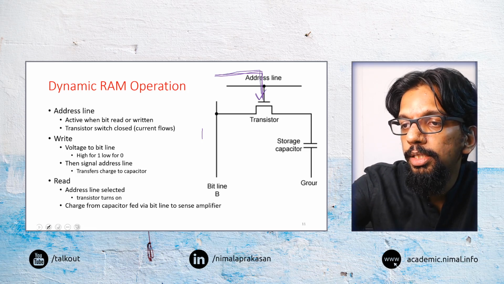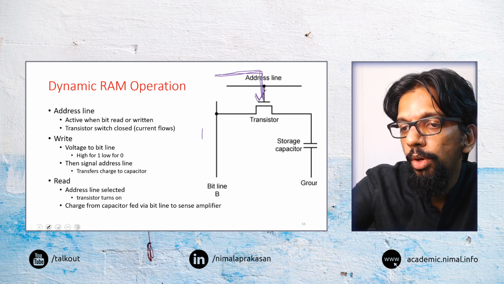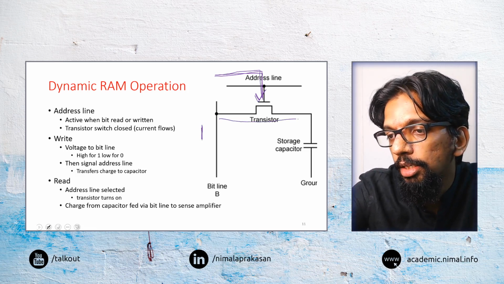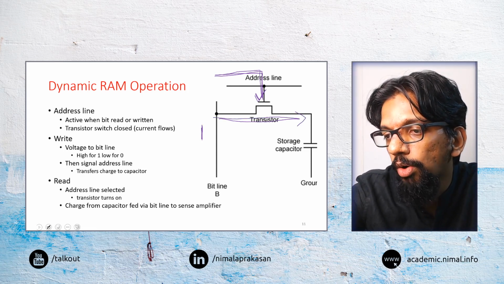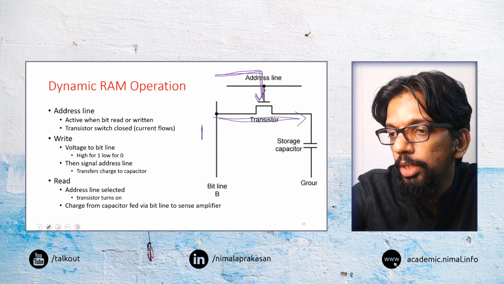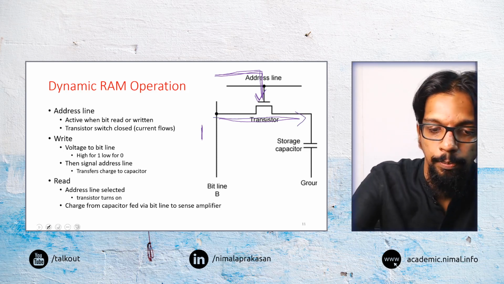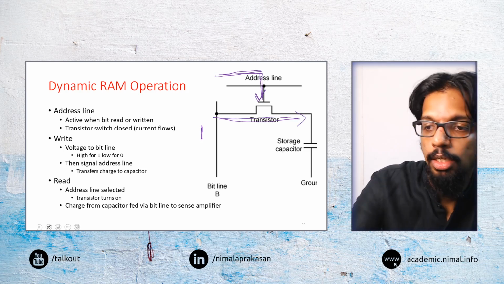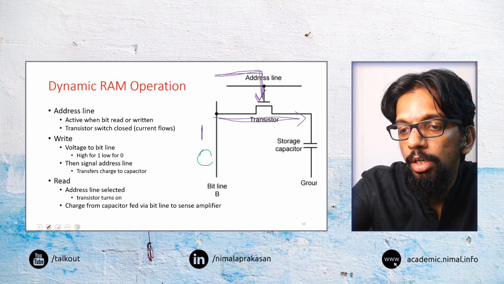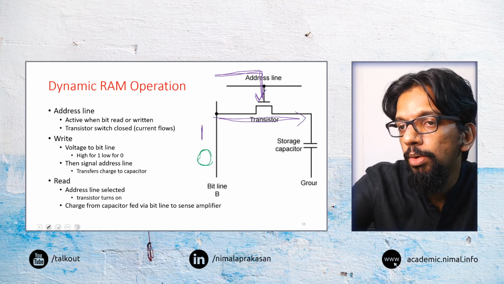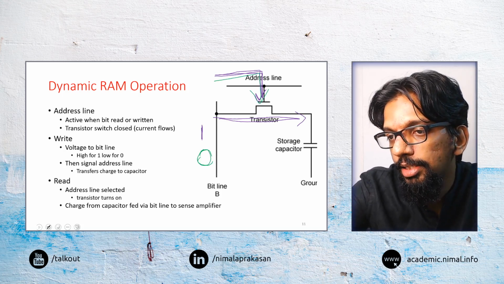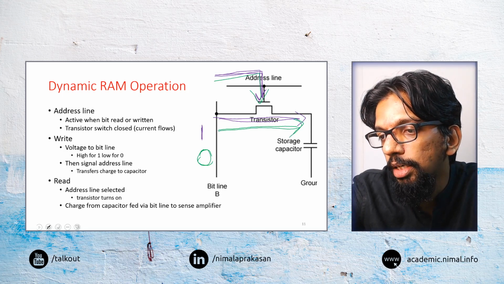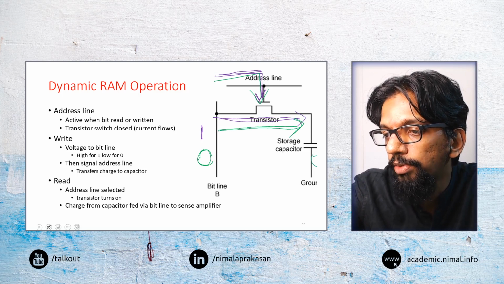When this address line is selected, whatever value is set at the bit line is going to transfer across to the capacitor. So now the capacitor is going to become 1. Now say for example, if we wanted to write a 0, we would set this bit line as 0, again similarly select this address line. Now the value 0 would be transmitted across here, so we would have written a 0 here.